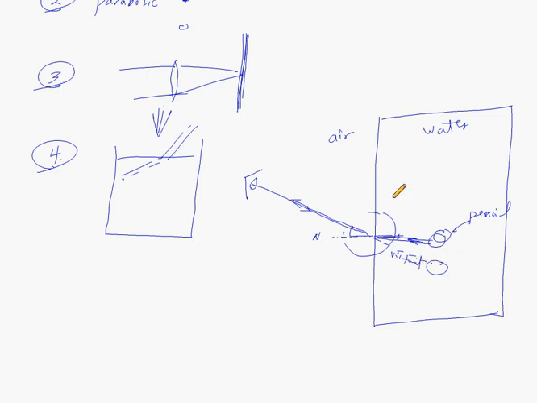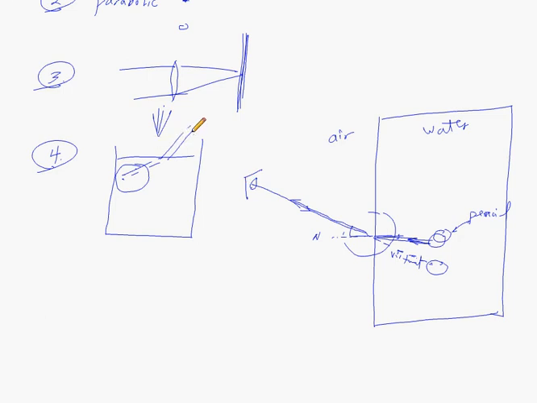Notice that if you flip back to this image over here, what we see down here below the water surface is the extension of the pencil bent, because that's explained by these virtual rays over here.